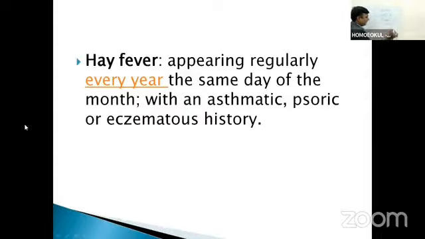Am I right? So you can remember as a mnemonic LACTUS. So these having complaints occur annually. Okay, so Lachesis, Arsenicum album, Carbo veg, Thuja, and Sulphur all are very, very important. Next.